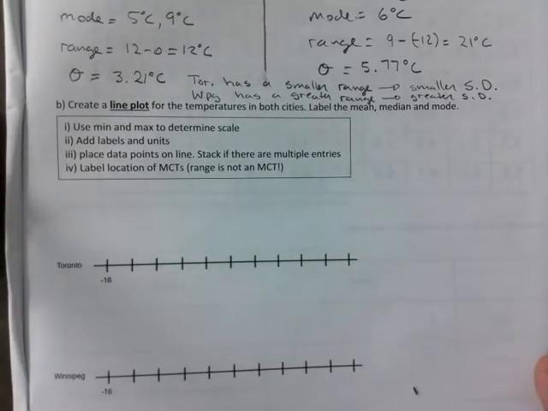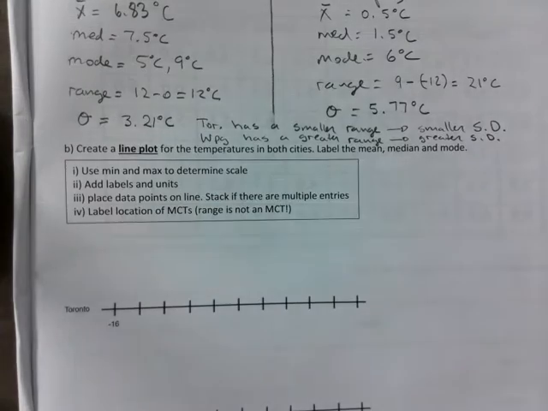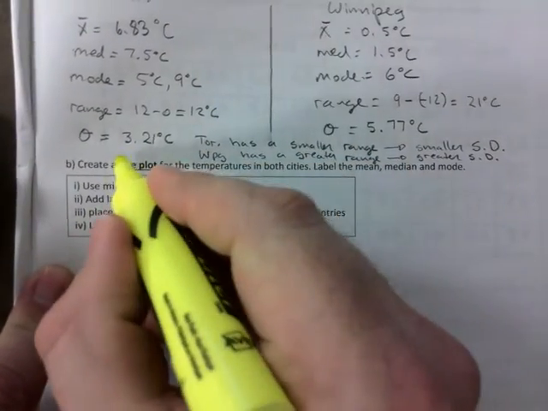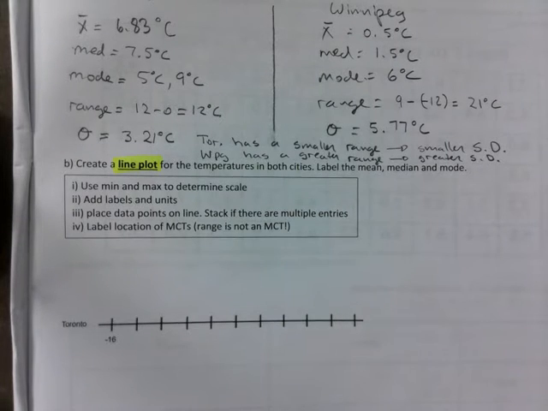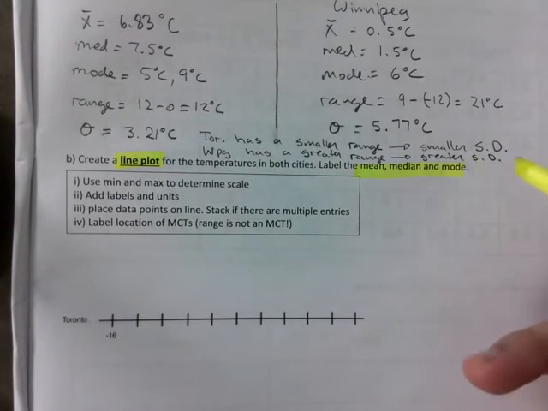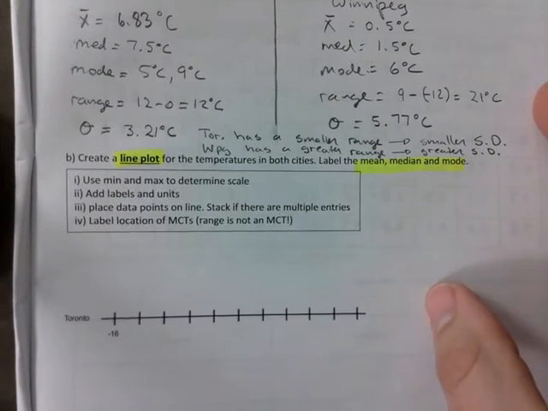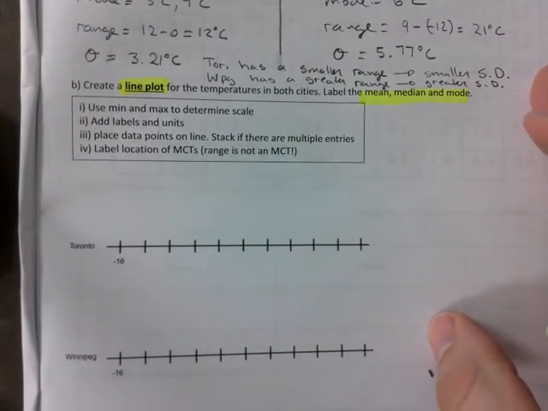Okay, so what we're going to do here is create a line plot. That is new, so highlight that, or circle it if you don't have a highlighter, so it stands out when you get to it. Create a line plot for the temperatures in both cities. We always have to label the mean, median, and mode on it. Watch this.